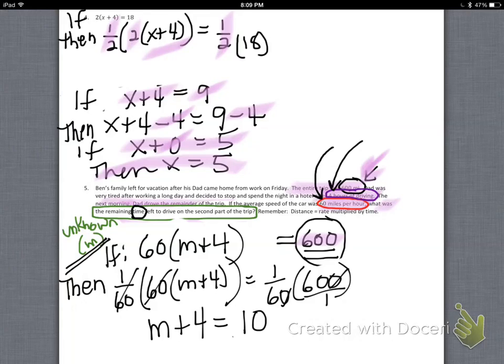Now we have m plus 4 equals 10. What do we need left to do? We need to get rid of this 4. How do we get rid of this 4?